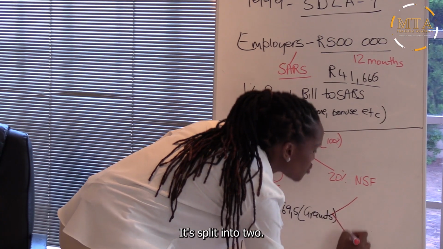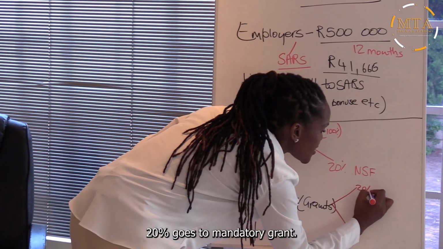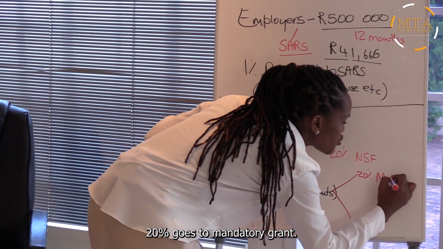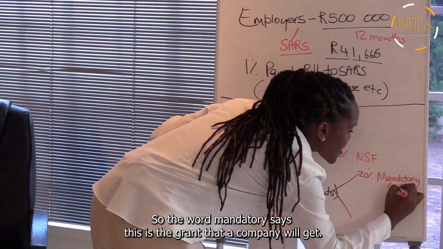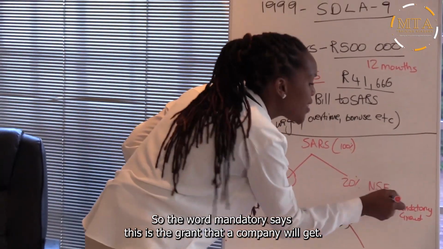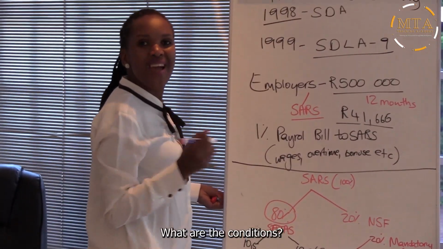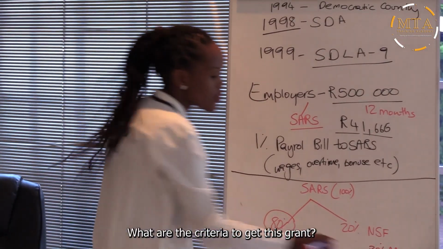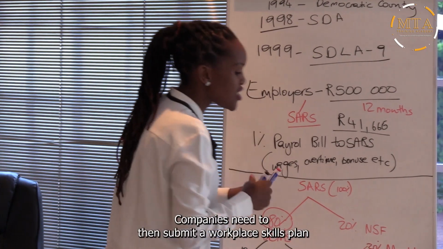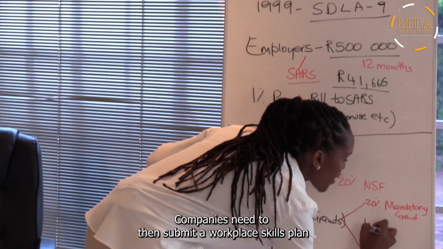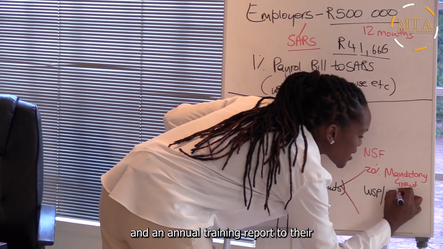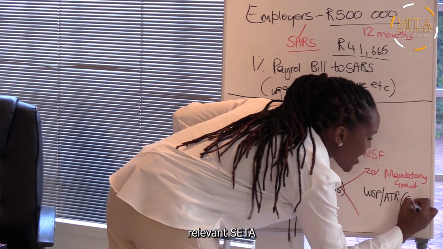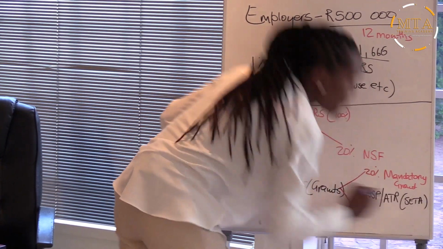It's split into two. 20% goes to mandatory grant. So the word mandatory says this is the grant that a company will get. What are the conditions? What are the criteria to get this grant? Companies need to submit a workplace skills plan and an annual training report to their relevant Seta.